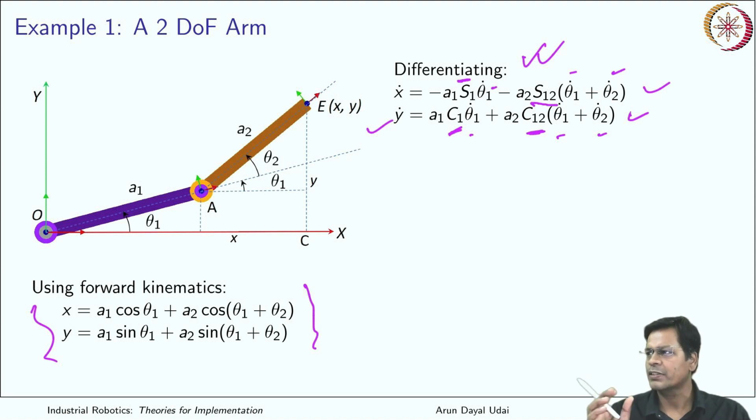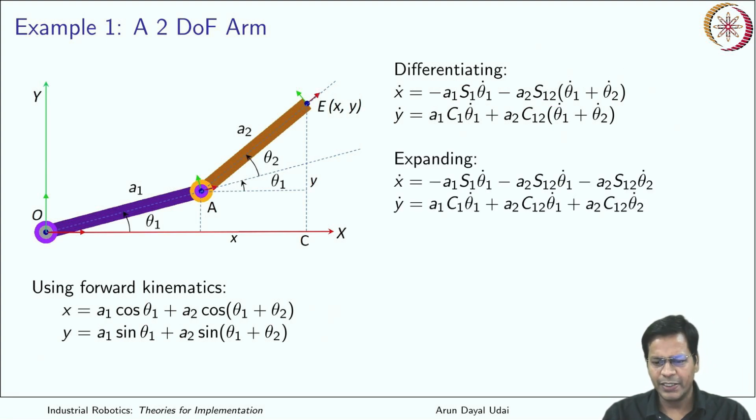So it contains both the joint angles as well as the joint rates. This is a relation that we could obtain by differentiating the forward kinematics equations. Okay, so expanding that, I can quickly obtain this.